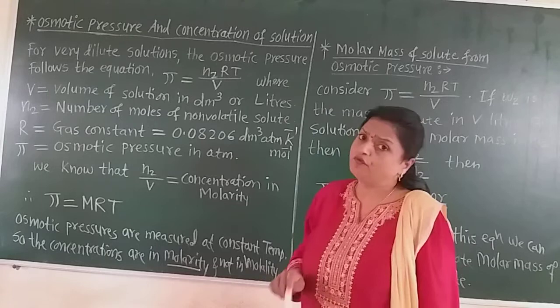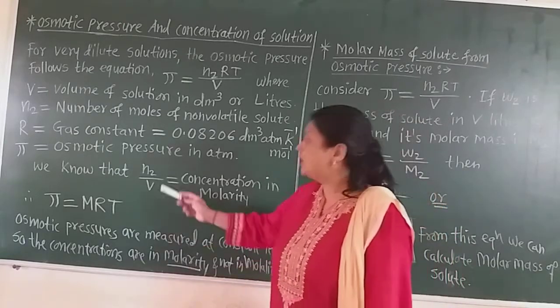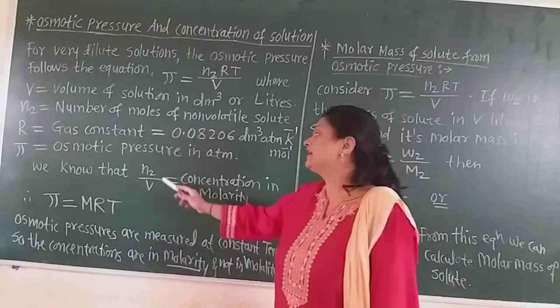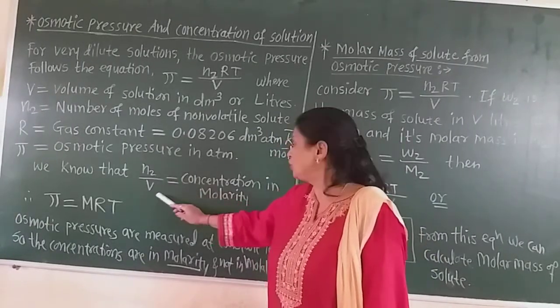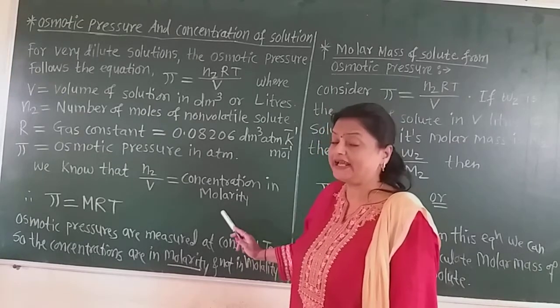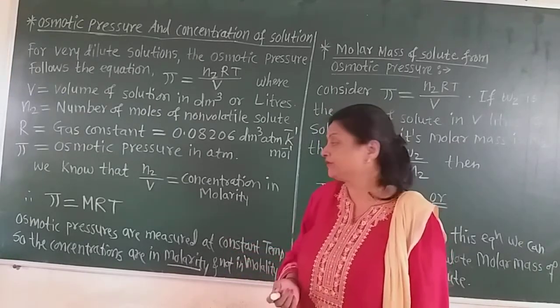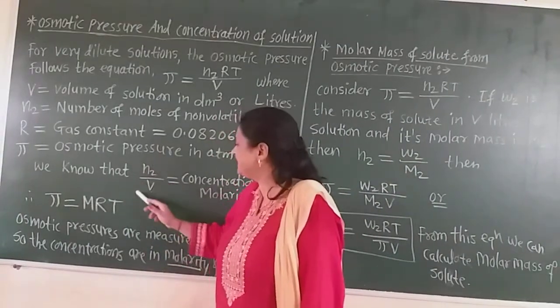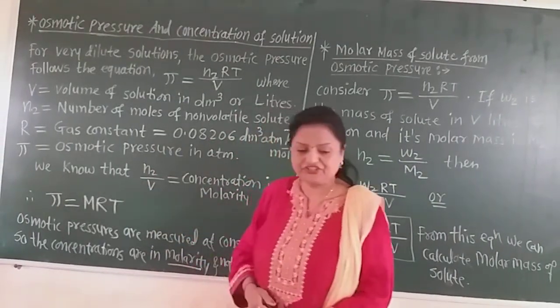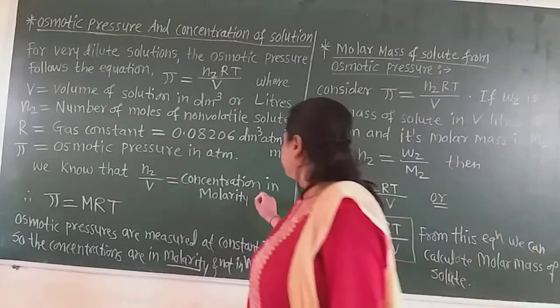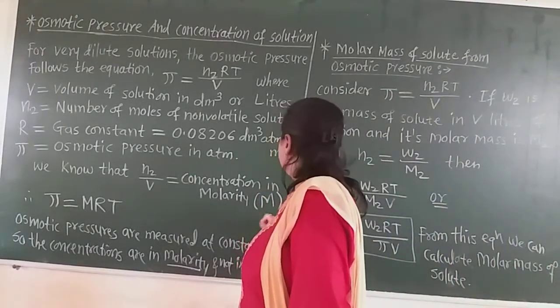Now students, we also know that the number of moles divided by volume is equal to concentration. So here the number of moles of solute divided by volume is equal to concentration in molarity, capital M, molarity, not molality here. So pi is equal to, now this N divided by V is substituted as the capital M in the above equation.